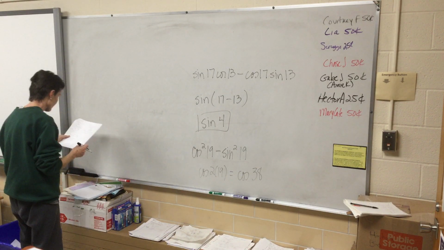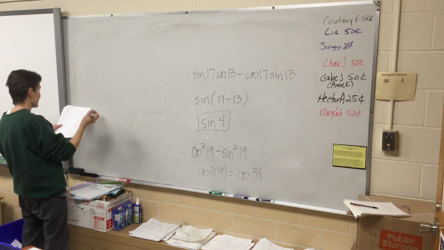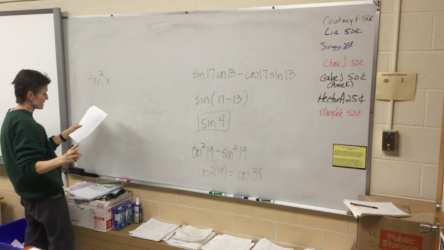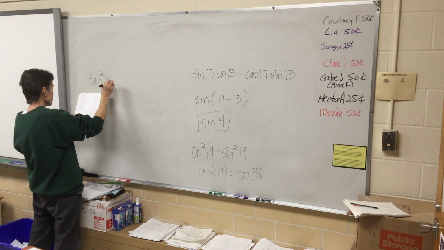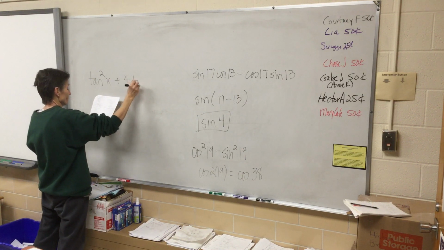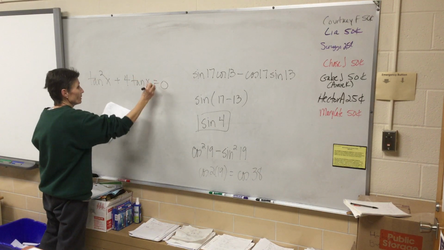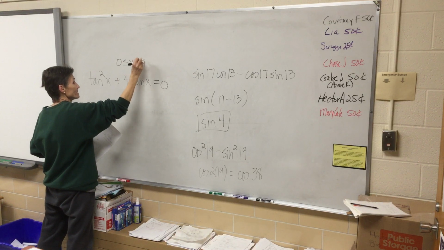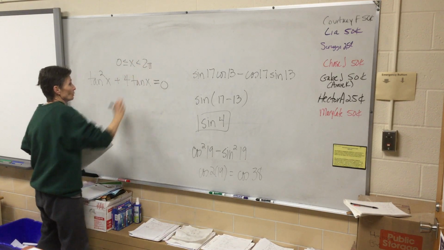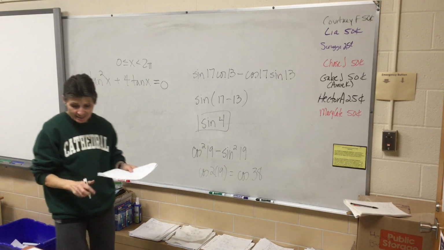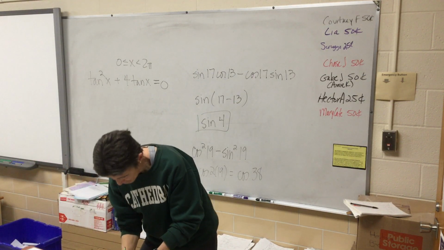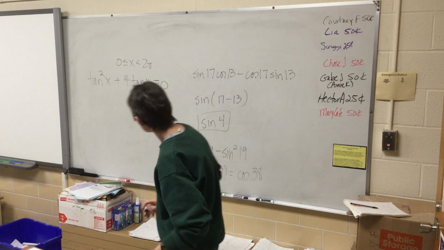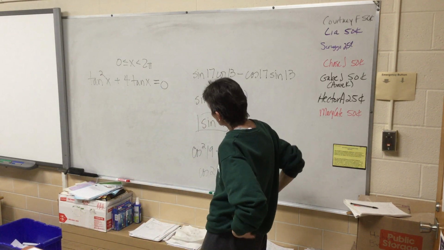So let's do letter B. Tangent squared plus 4 tangent equals 0. And I'm going to change the directions because the entire quest is in radians. So let's go ahead and do this one in radians, even though it says degrees.